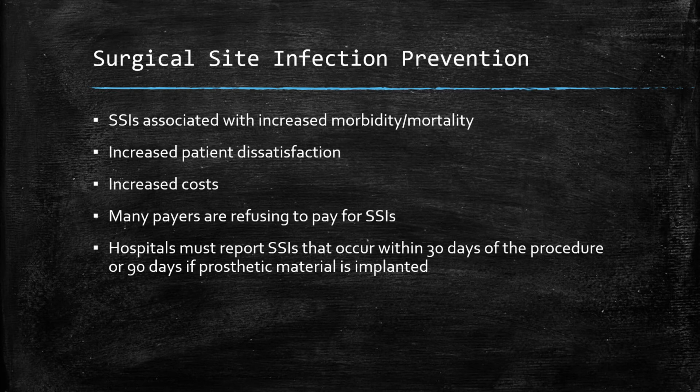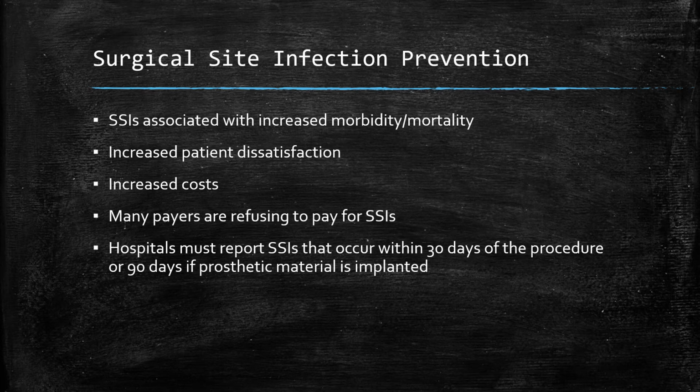Preventing surgical site infections is of great importance to surgeons. Surgical site infections are associated with increased morbidity and even increased mortality, and they also greatly increase patient dissatisfaction with their overall surgical experience.